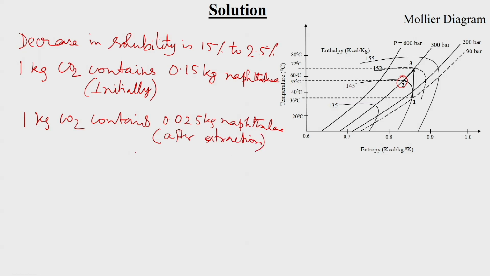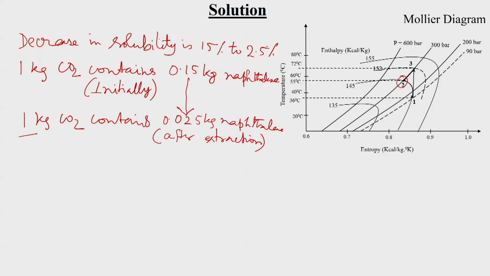Okay. So, whenever this pressure is released from 300 bar to 90 bar, then for 1 kg carbon dioxide, the naphthalene content will decrease from 0.15 kg to 0.025 kg.